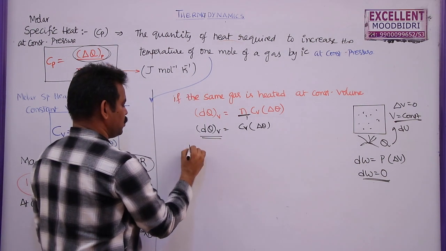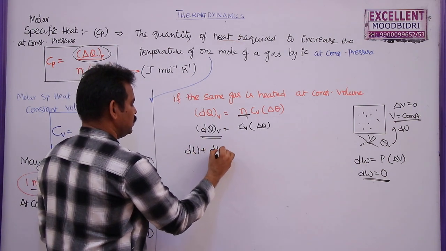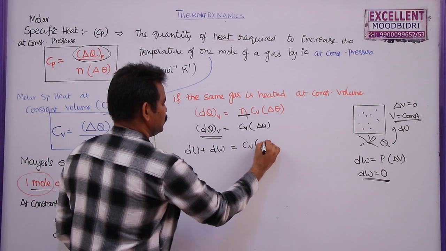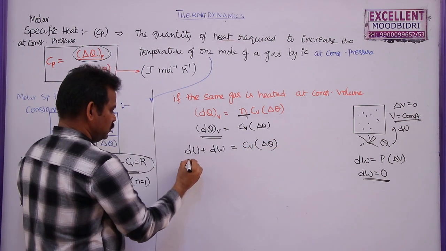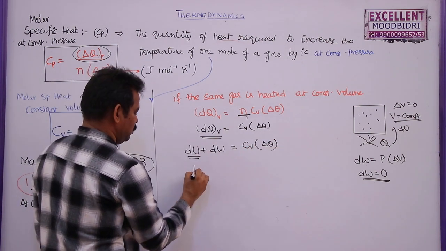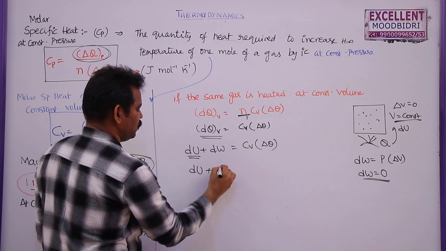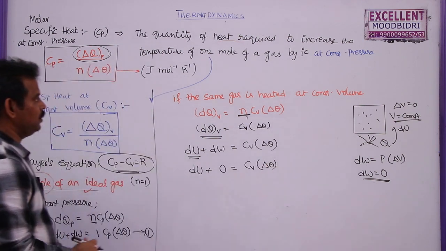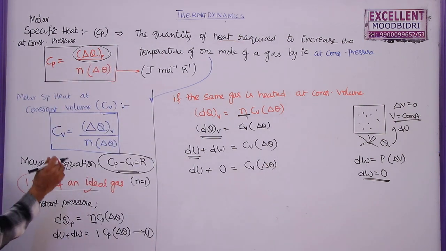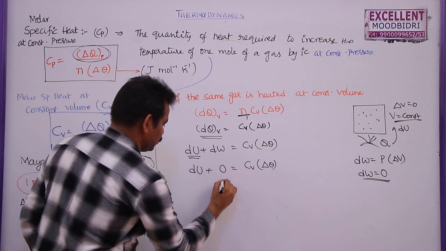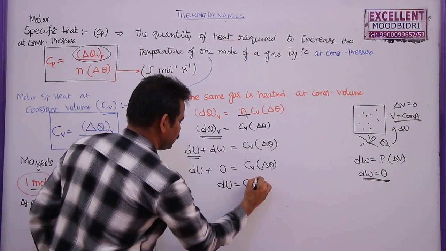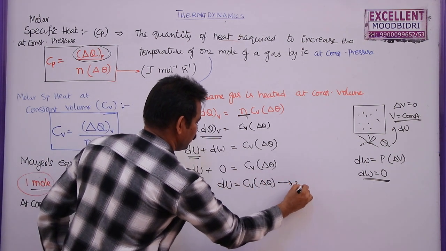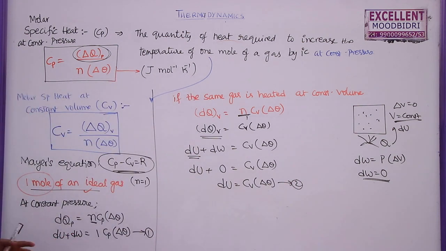Now in place of dq we can write du plus dW is equal to Cv delta theta. So du is an unknown quantity, dW is equal to 0, is equal to Cv delta theta. So du can be written as Cv delta theta. This is equation 2. So I got two equations.